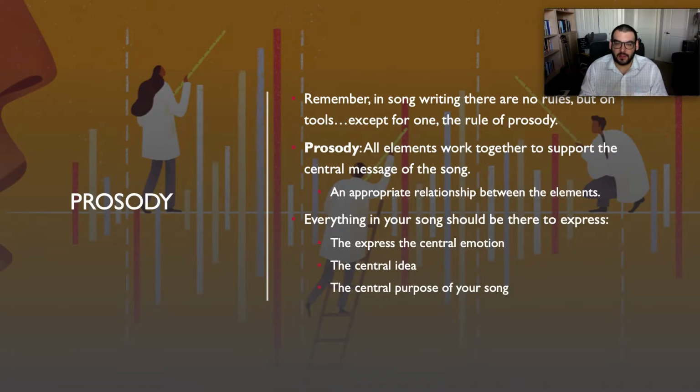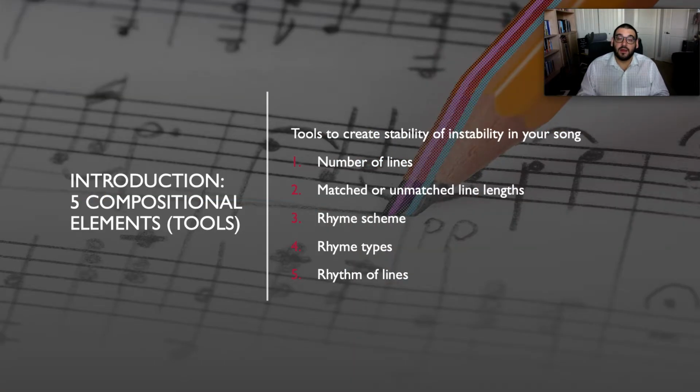So remember, in songwriting, prior to this, we talked about prosody. That idea of bringing everything together, how all the elements work together with those 6 best lyrical friends. Now, today, we're going to be talking about the tools that you can use in your composition, in writing your lyrics for your song.